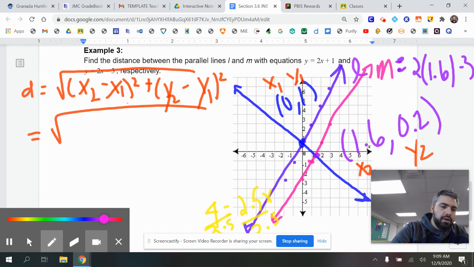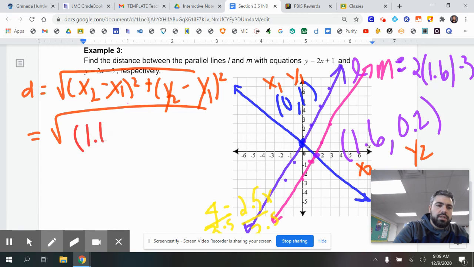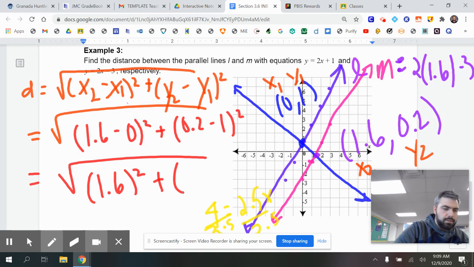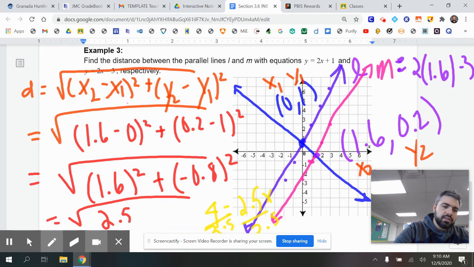All right, so let's plug in our numbers, right? And so we're going to do x2 is 1.6 minus 0 squared, and then we're going to get 0.2 minus 1 squared. Simplified a little bit further, this is going to be 1.6 squared and this is going to be negative 0.8 squared. All right, 1.6 times 1.6 is 2.56.